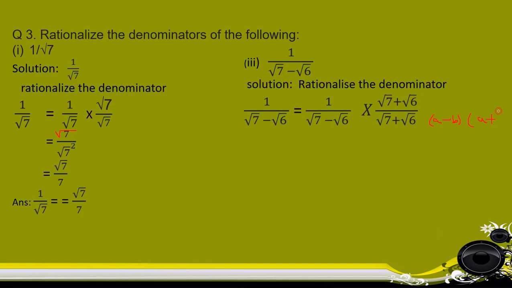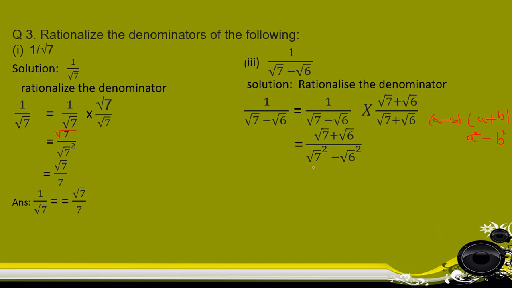This is the algebraic identity: a minus b into a plus b is a square minus b square. So for root 7 minus root 6 and root 7 plus root 6, we can write it as root 7 square minus root 6 square. So in the next step we get root 7 plus root 6 upon root 7 square minus root 6 square.